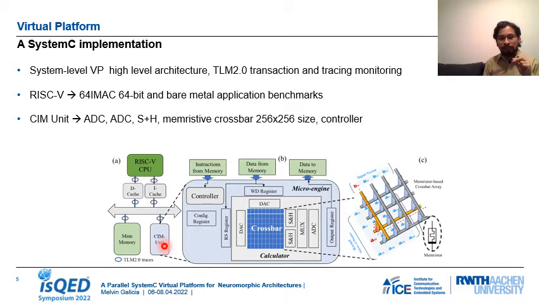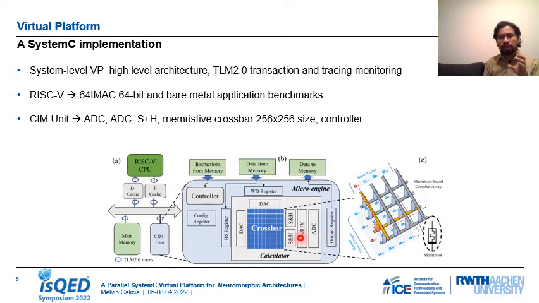When you zoom in on the computing memory unit, you will find all the necessary peripherals required to drive the crossbar, such as the digital to analog converters, analog to digital converters, output registers, input registers, and so on.